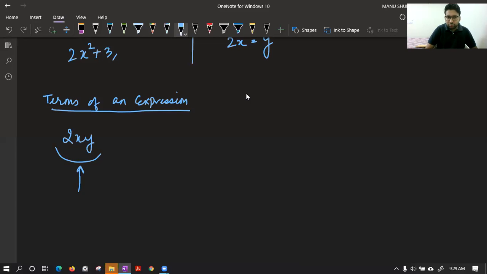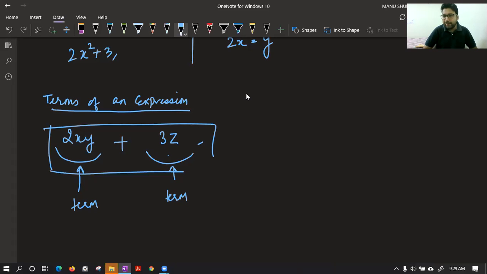If I have one more term like 3z, this is also a term. If I put a plus sign, they become an expression, a new expression you can say. So 2xy plus 3z, it is having how many terms? Please tell, class. It is having two terms.